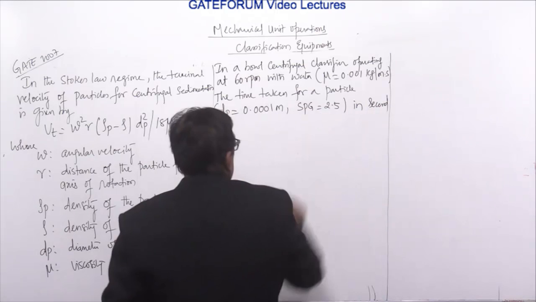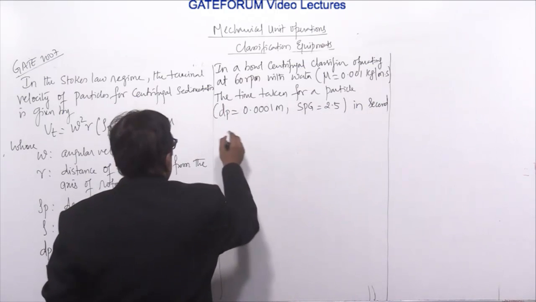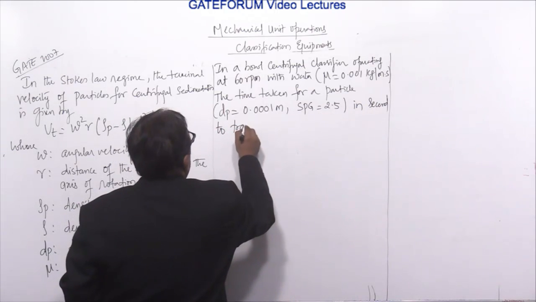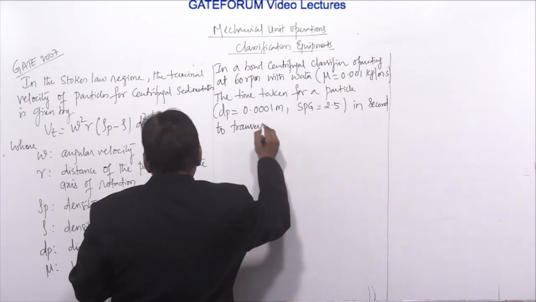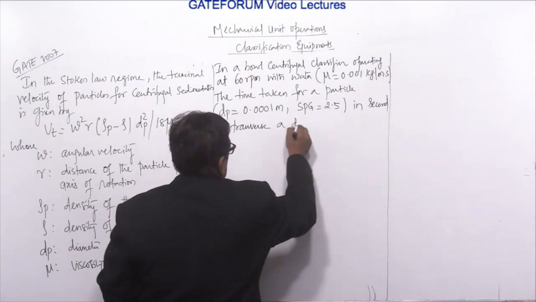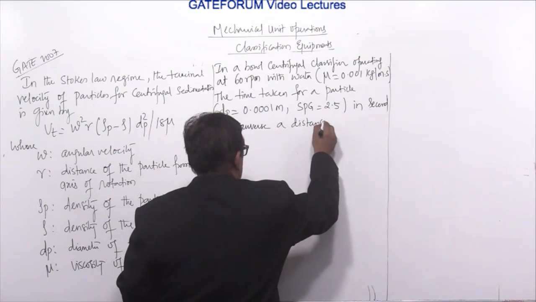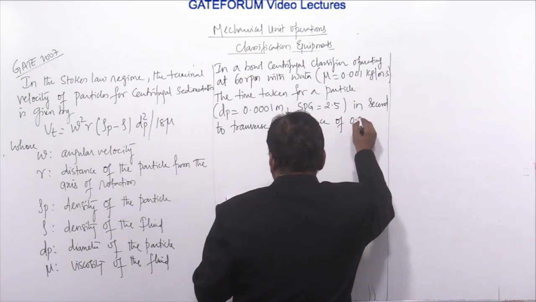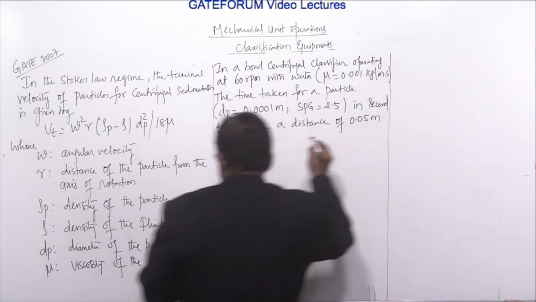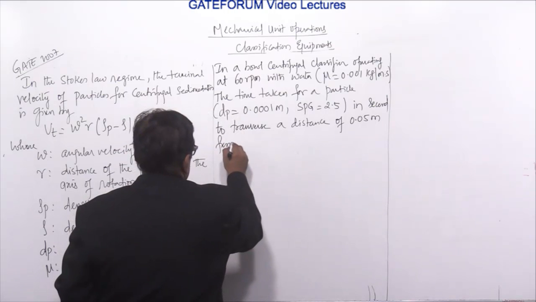The time taken for a particle in seconds to traverse means travel. Traverse a distance means moved a distance of 0.05 meters from the liquid surface.